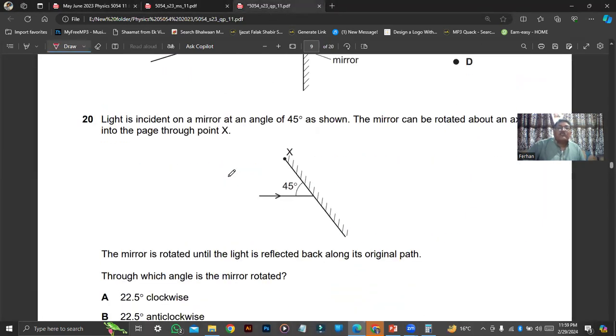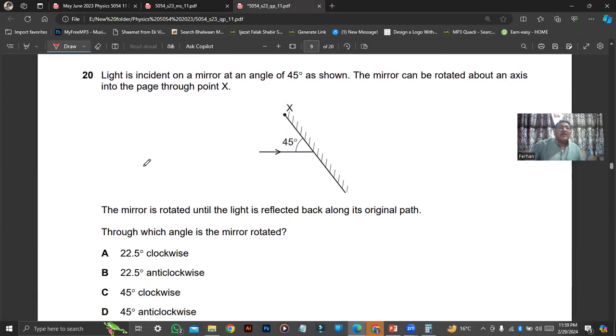Okay, so next is question number 20. He says light is incident on a mirror at an angle of 45 degrees. As shown, the mirror can be rotated about an axis into the page through point X. The mirror is rotated until the light is reflected back along its original path.